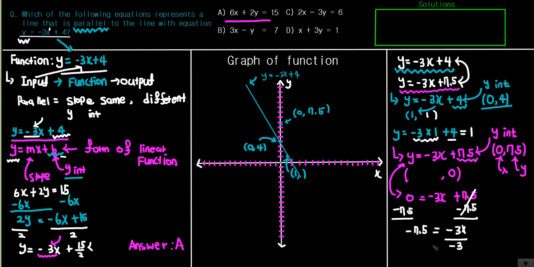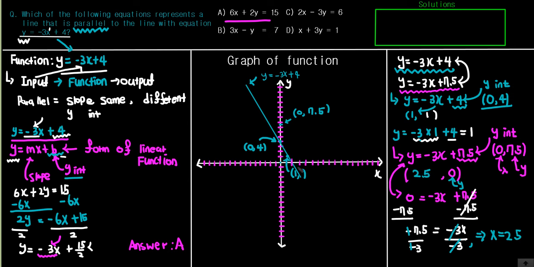Then the negative 3 and negative 3 cancel out as 1, and we get x is equal to negative 7.5 divided by negative 3. Negative turns into positive according to our addition and subtraction property. 7.5 divided by 3 is positive 2.5. So when the y value is equal to 0, our x value is 2.5.